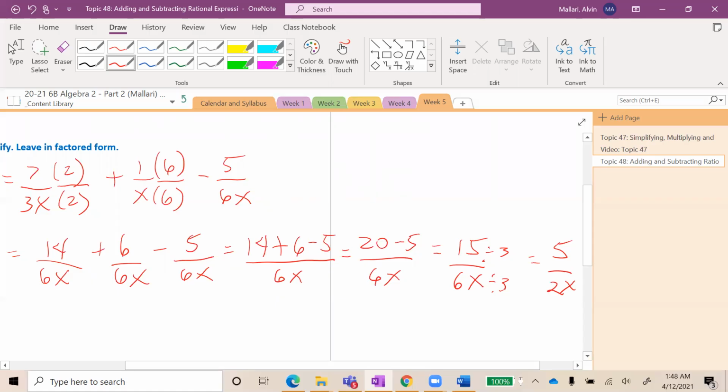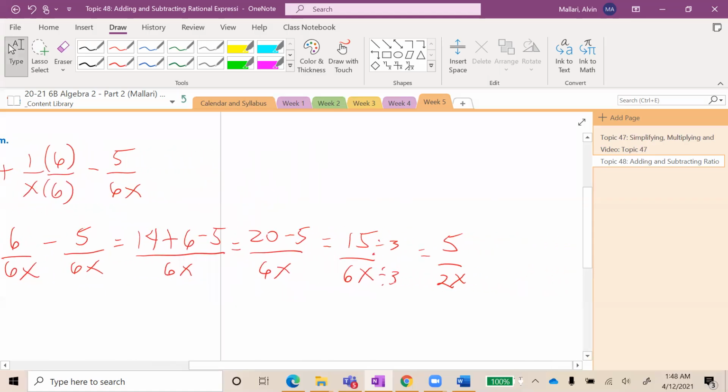So 15 over 6x reduced to lowest terms would then be 5 over 2x. And that will be our final answer.